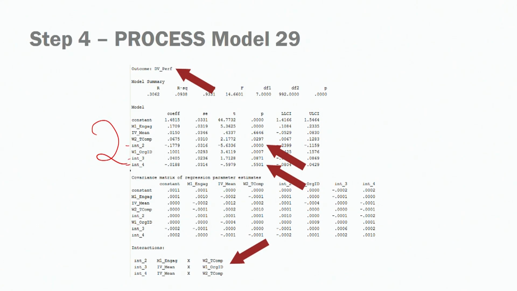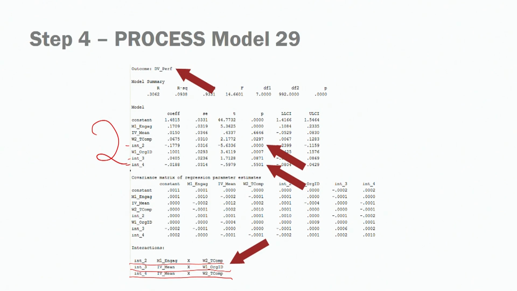And you'll see that there are 3 different interaction terms here. We have interaction term number 2, which is engagement times task complexity. We have interaction term number 3, which is meaningfulness times organization identification. And we do have interaction term number 4, which is meaningfulness times task complexity.